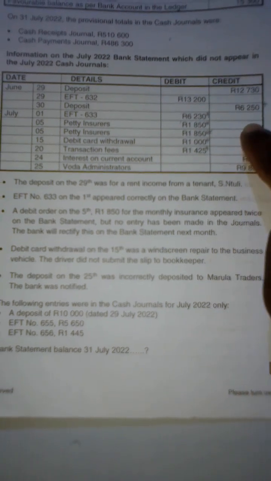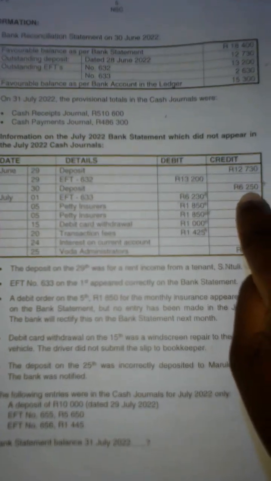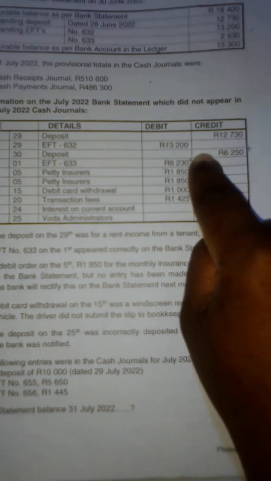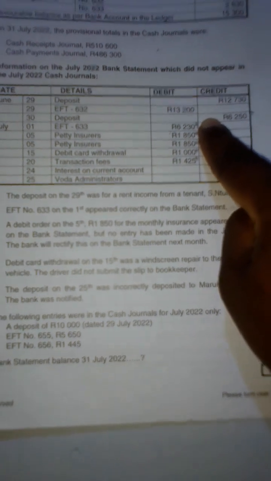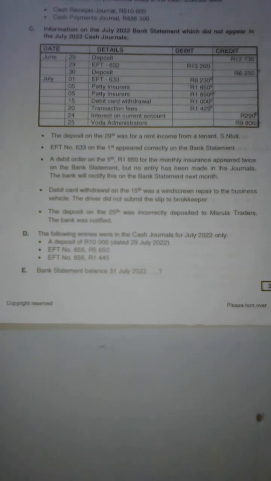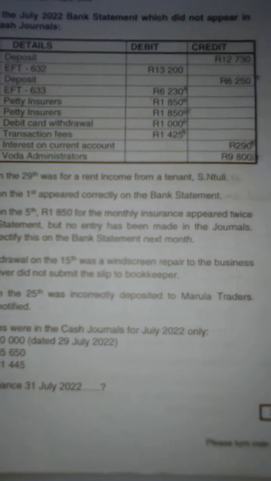The 6,250 on the 30th was a deposit that was made at the end of the previous month, and this deposit was also supposed to appear in our books. So it is going to be recorded on the debit side. It is money that was deposited.